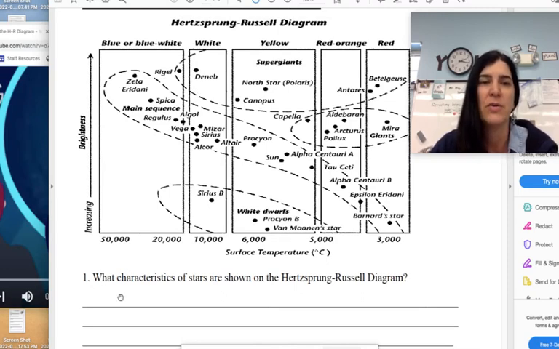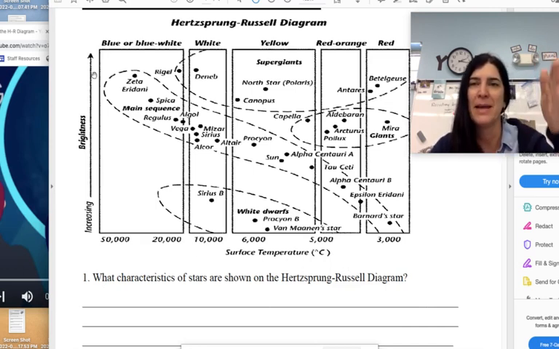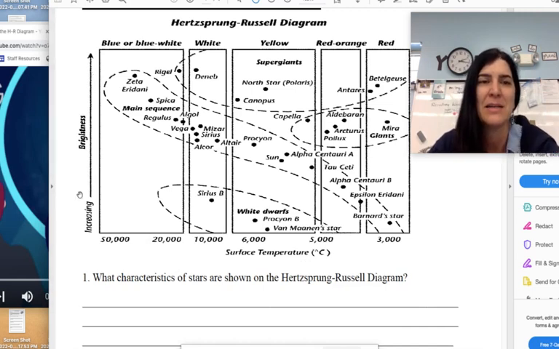Okay. At first you can look and see on the X axis. Remember this one here tells you the surface temperature. And on the Y, the up and down, the Y axis, it is the true brightness. And notice that it's increasing. The higher it is placed on the diagram, the brighter it is.